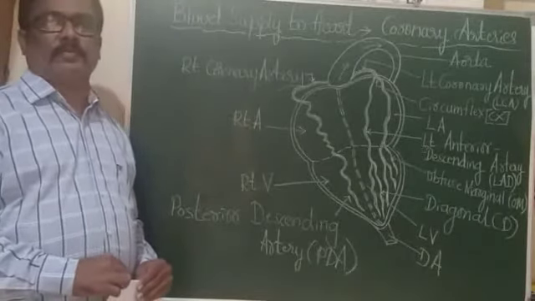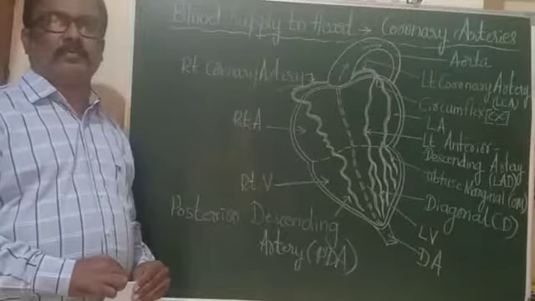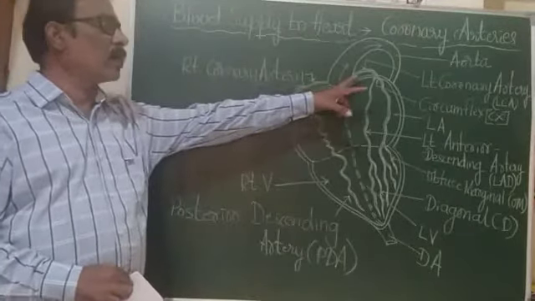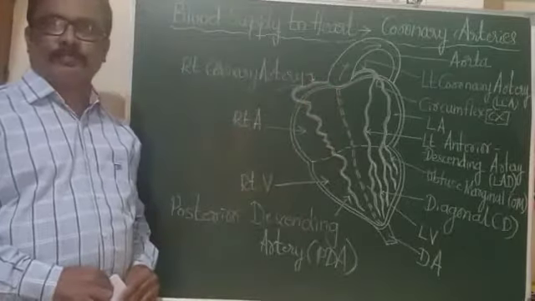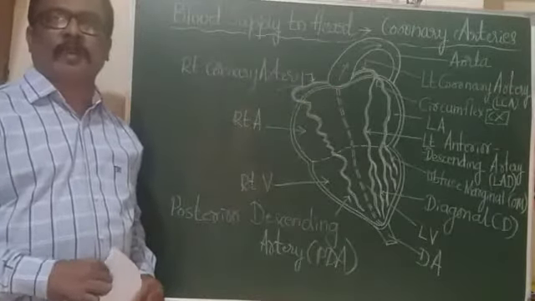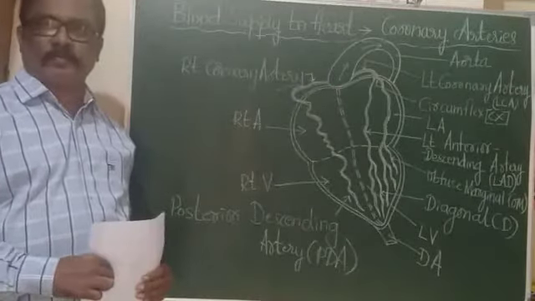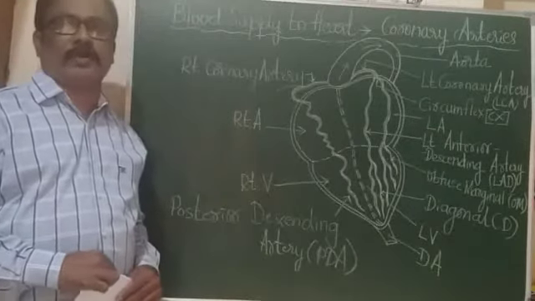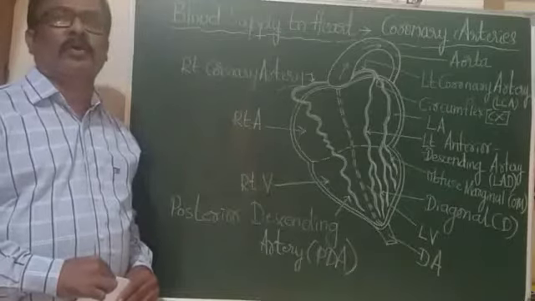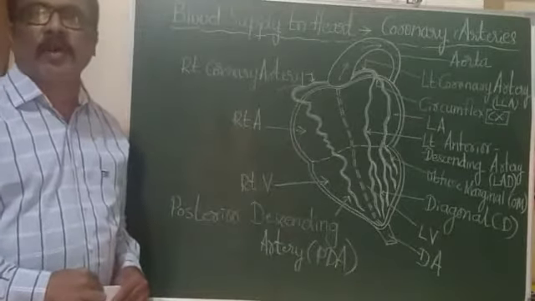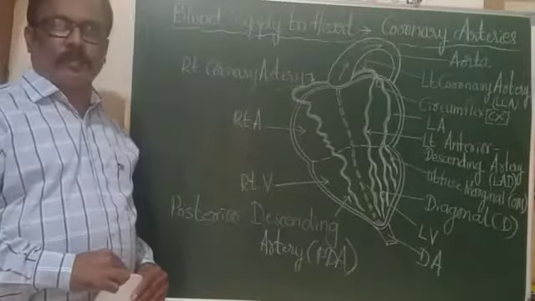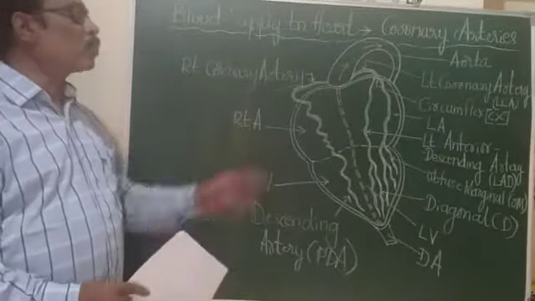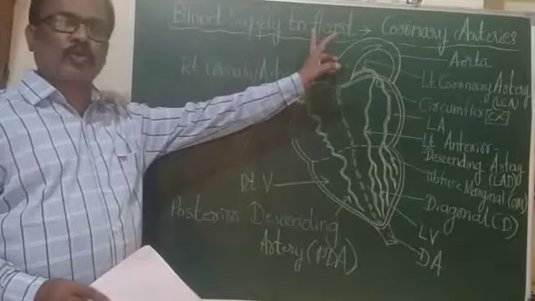In that, I told about the coronary arteries and their supply of blood briefly, which supplies the blood to the wall of the heart for normal functioning. So now we will discuss in detail the blood supply to the heart.